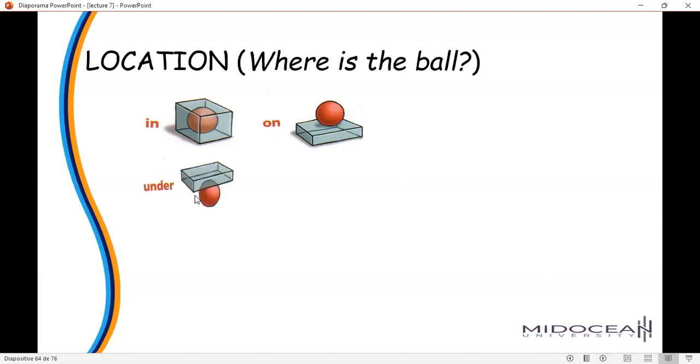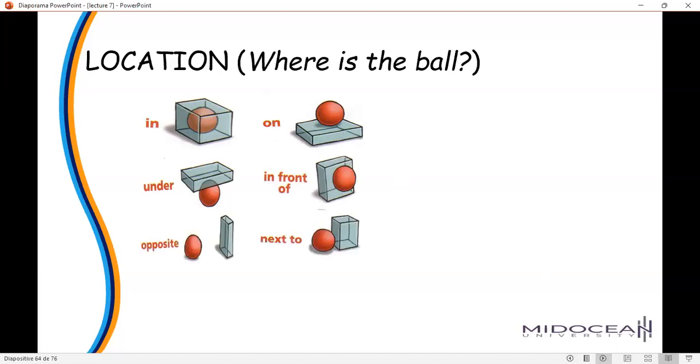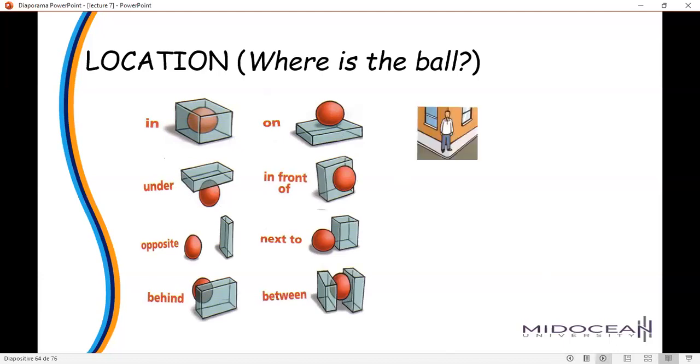It's under. Sous. In front of. Opposite. Next to. Behind. Between. Entre. Ici, entre, okay? Here you have on the corner.